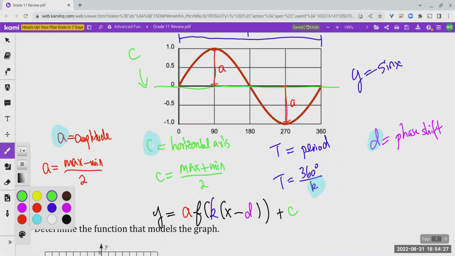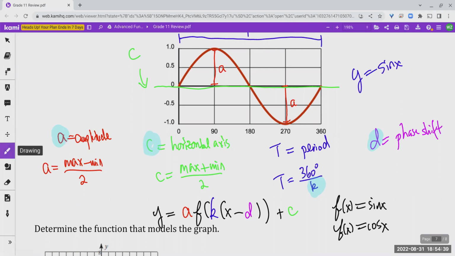And by f of x could be sine x, or f of x can be cosine x. One or the other. Okay, so this is a general form for a sinusoidal function.